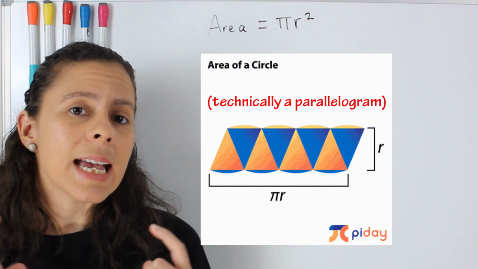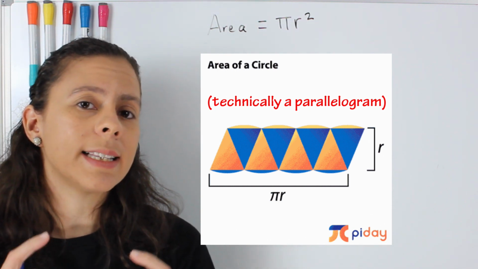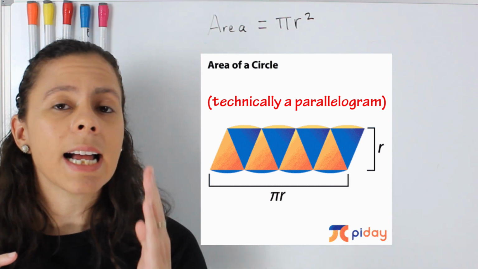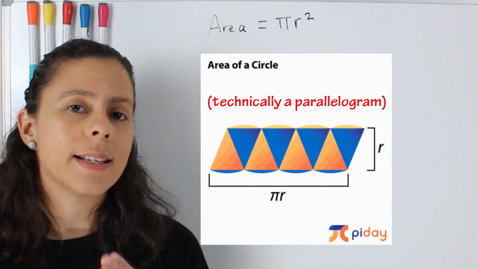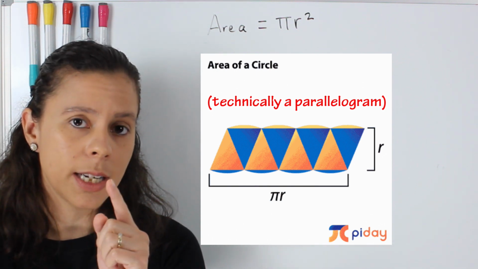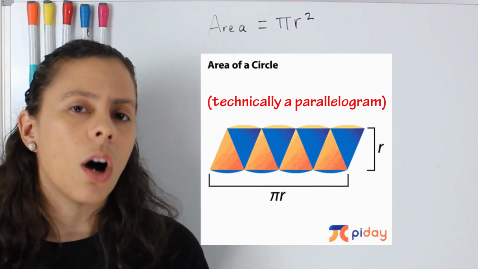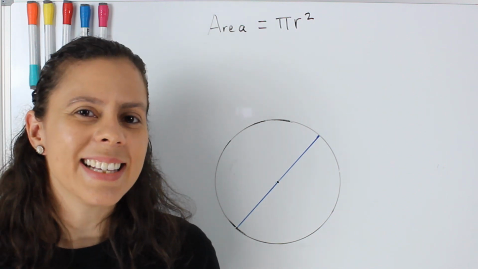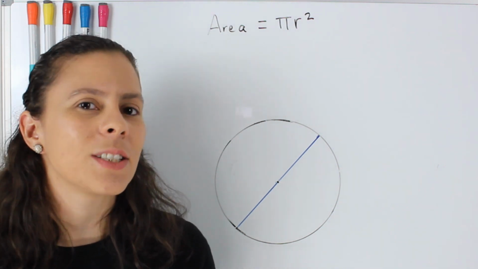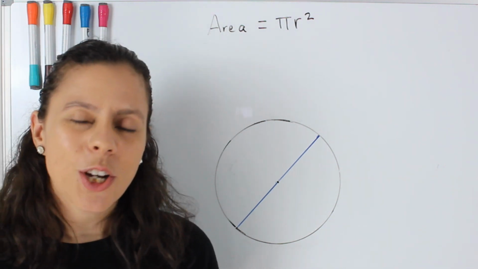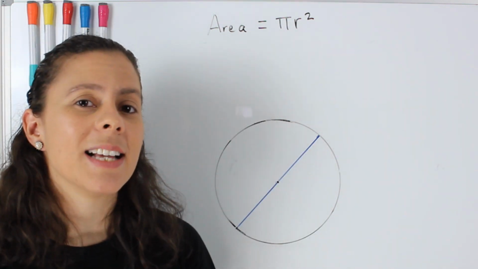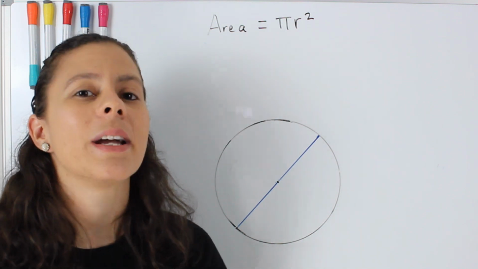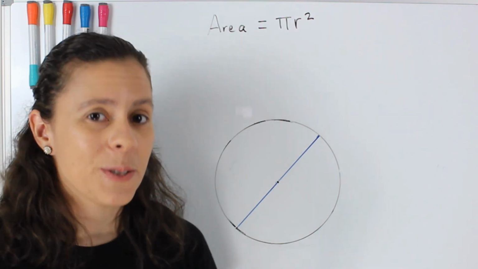Therefore, the base of that rectangle would be pi times r, and the height of that rectangle would be r, because the length from the center to the circumference is r. I hope that makes sense. It is not the easiest thing to explain, but just know that pi r squared, because it is a squared, is going to be the area for the circle.